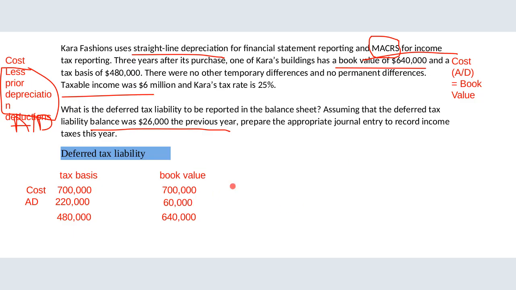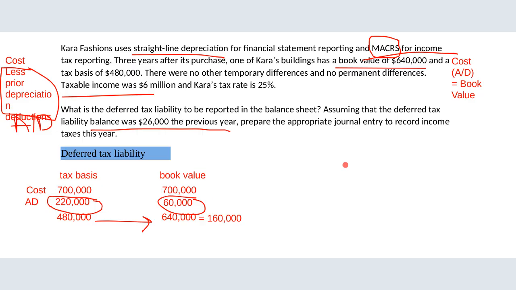So we can see that for book purposes, we only deducted 60,000 of depreciation expense, but for tax purposes, we depreciated 220. In essence, the difference between these two is going to give us a hint about our temporary difference, which happens to be 160,000.